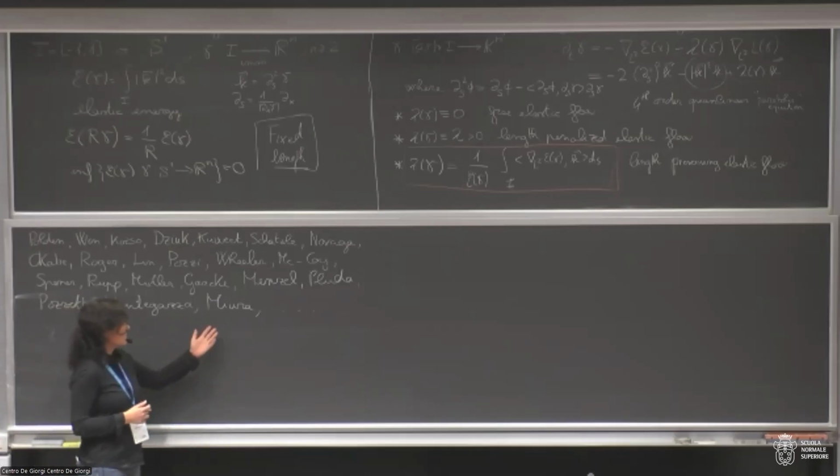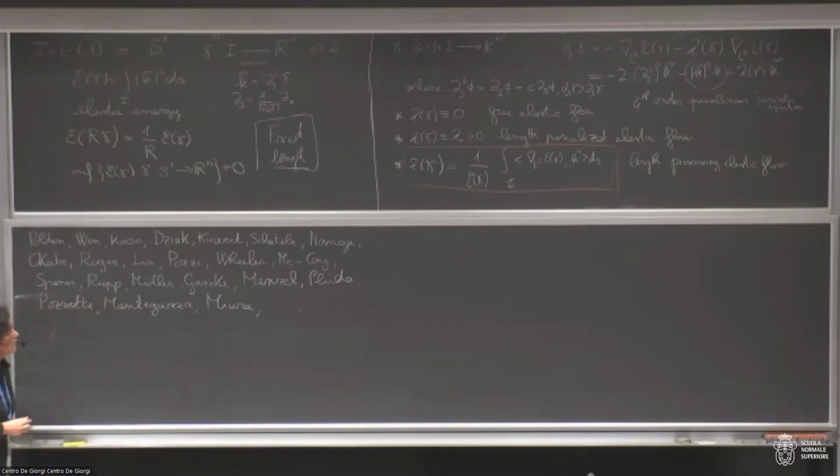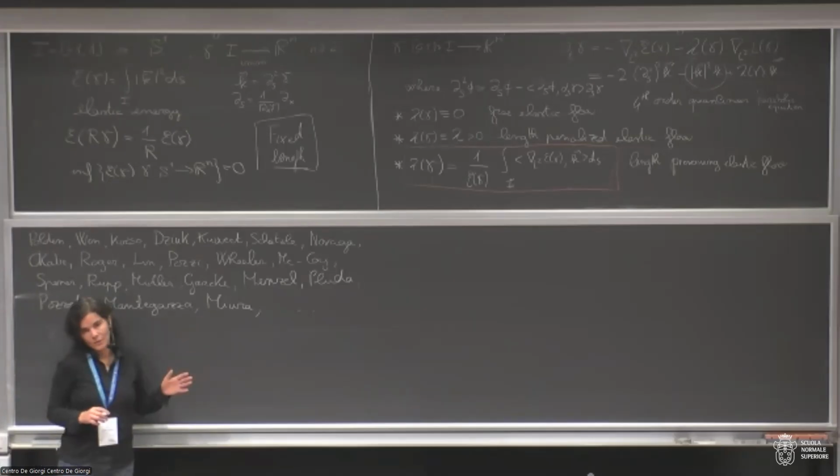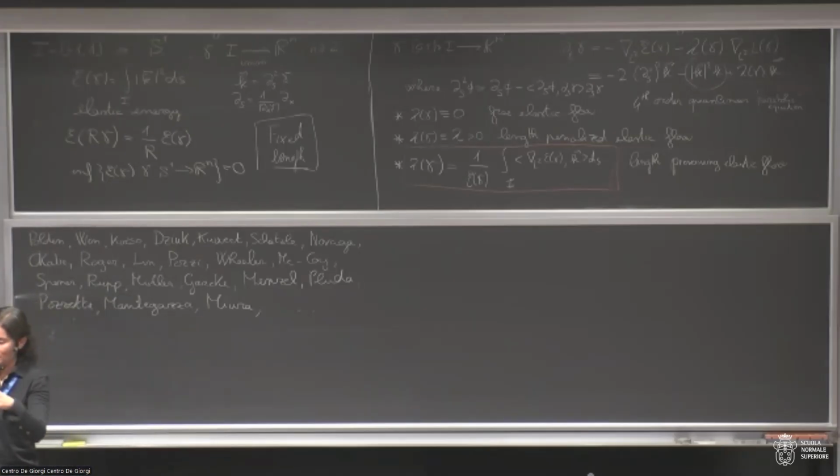Very nice is also a recent work of Miura that addresses a question by Huisken about migration of the elastic flow. So Huisken asked, so elastic flow, fourth order, no maximum principle. Is there an elastic flow where you start from a curve in the upper half plane, or the half space, that then migrates into the lower one?